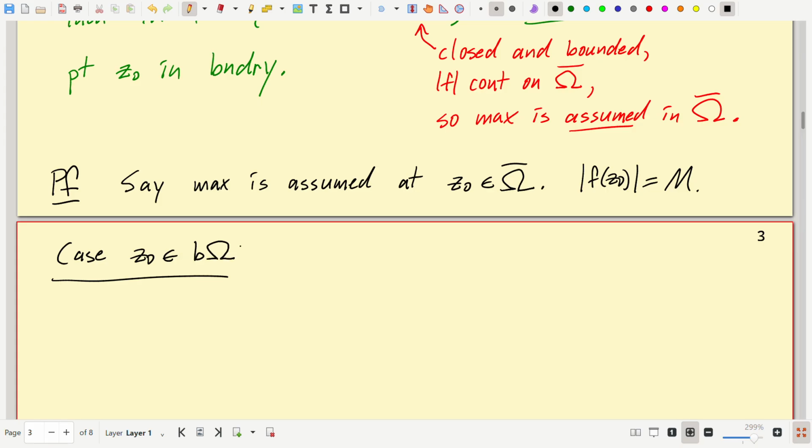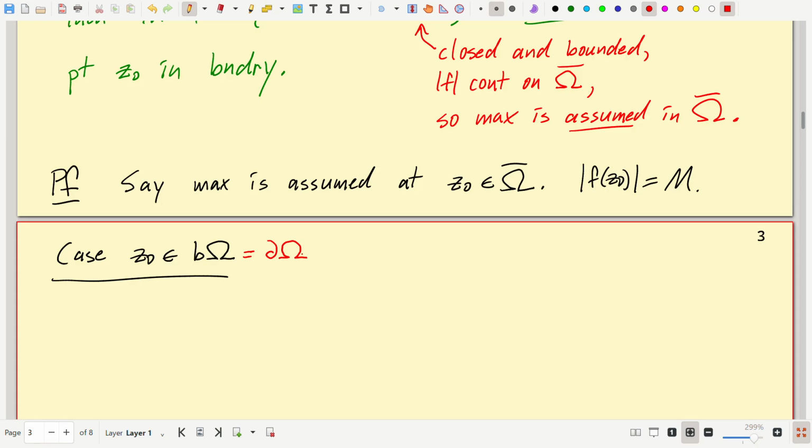Topology books, instead of writing b of omega, write d of omega. That's the boundary of omega in topology notation. But in complex analysis, d stands for something, namely the d operator. It's like the total differential df, but in the complex case. So it's a curly d, related to the Cauchy-Riemann equations.